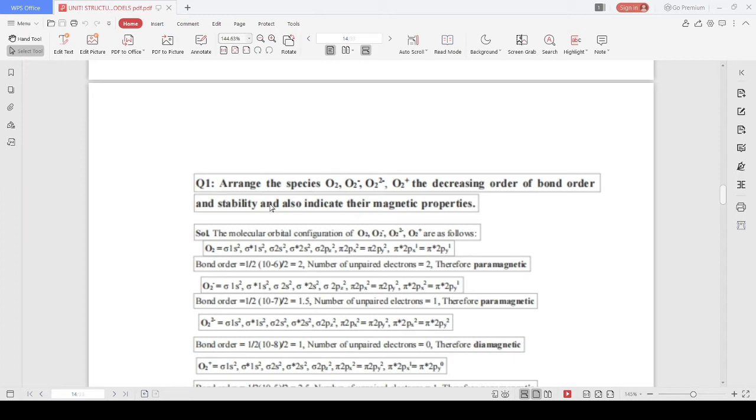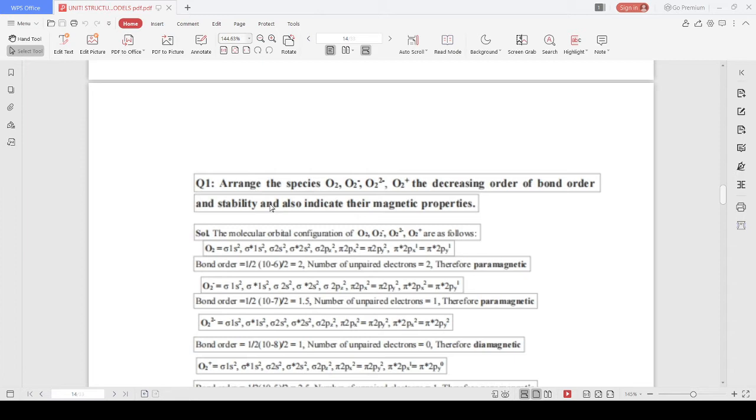First, the molecular orbital configurations of O2, O2 minus, O2 2 minus, O2 plus are as follows. O2: sigma 1s2, sigma star 1s2, sigma 2s2, sigma star 2s2, sigma 2px2, pi 2py2 equal to pi 2pz2, pi star 2py1 equal to pi star 2pz1.